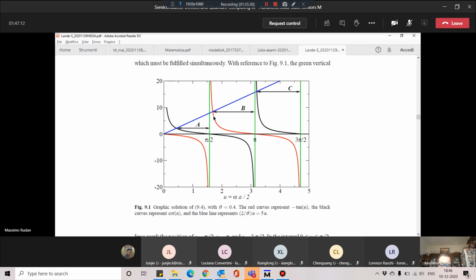It is above the red line only in the extent marked with B. You see, the second band is a little bit wider than the first band. Okay, etc., etc. So by this construction we can find the extension of the bands. We see that the allowed bands increase in size when the energy increases, and the forbidden bands decrease in size.